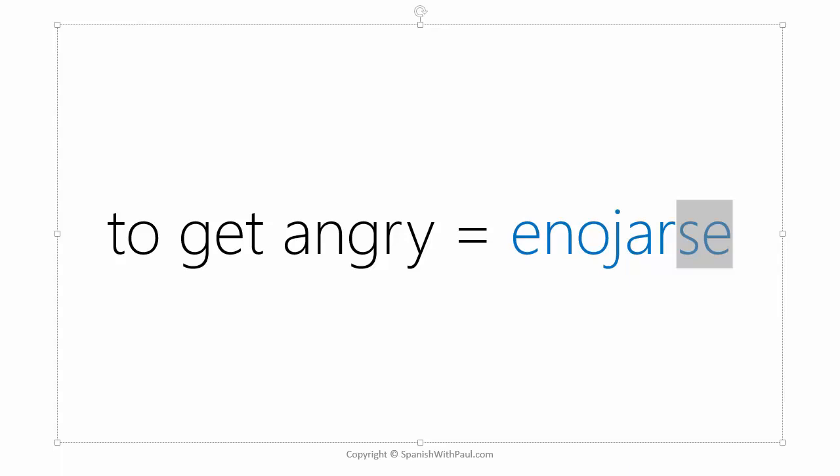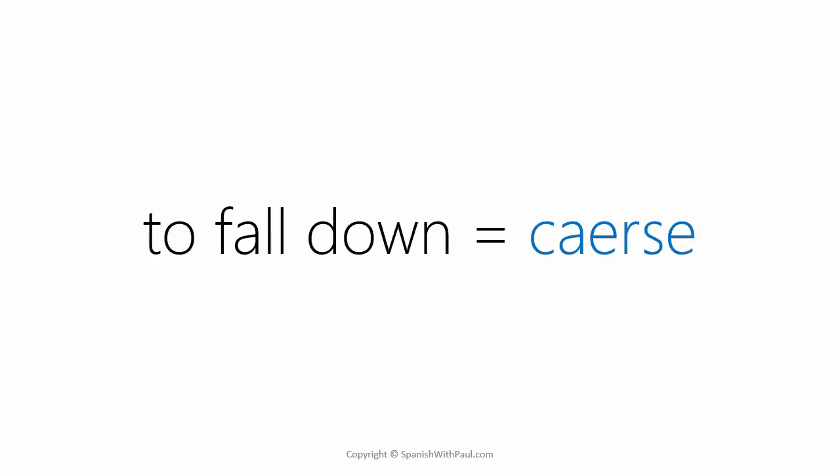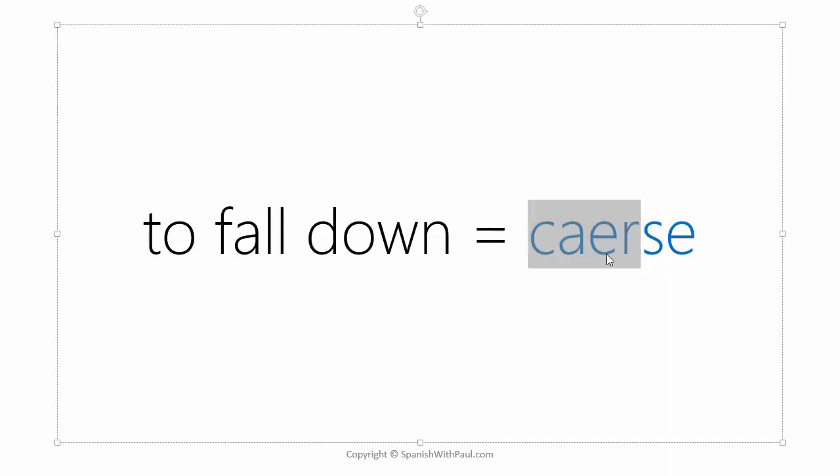So instead of saying I get angry, they would say in Spanish literally, I get myself angry. Here's another one for you, to fall down, caerse. So simply to fall is caer, but to fall down, they make that a reflexive action, and there's no other way to express it but having it as a reflexive verb, caerse.